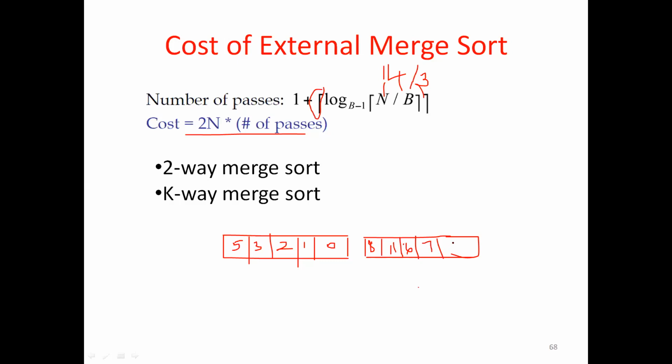In the case of merge, I will take the zeroth index of the first array and the zeroth index of the second array. I'll take two elements to sort. This is called two-way merge sort.